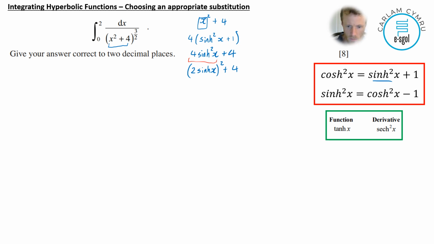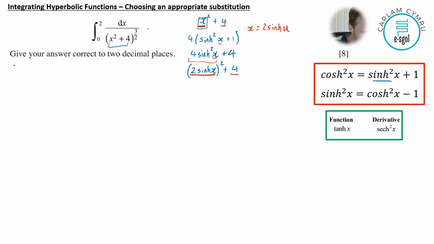So I feel like I've got this now in the format. That bit there is the x bit, and that 4 is the 4 bit there. So I'm sort of thinking the substitution is going to be x equals 2 sinh u. I should have probably used a u throughout all of this, but that looks like my substitution.